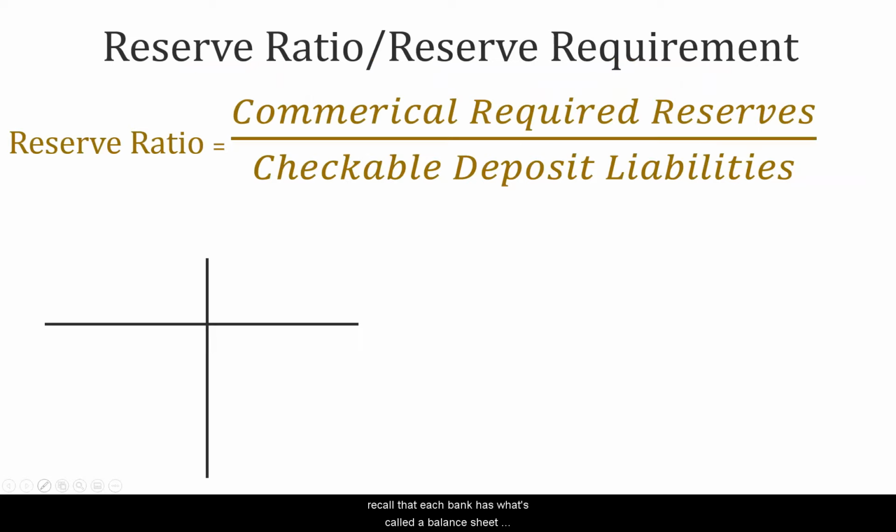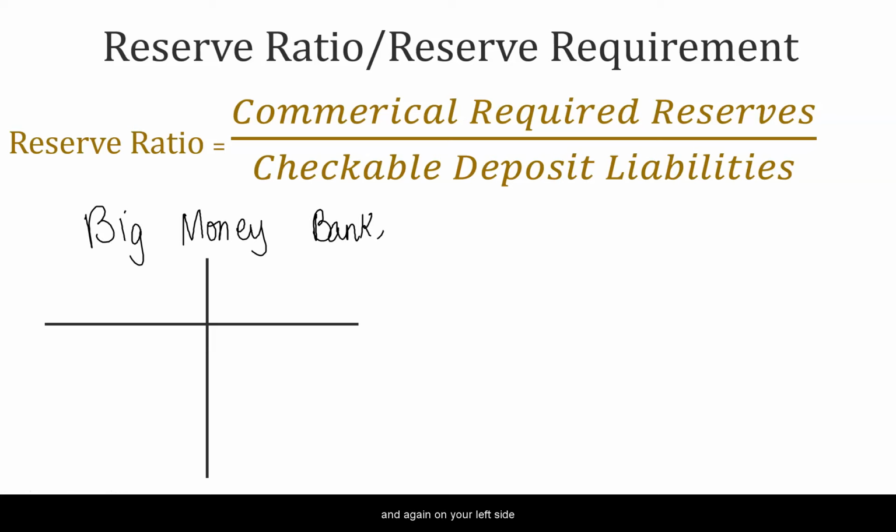So again, recall that each bank has what's called a balance sheet or a T-chart. And the reserve ratio formula is the commercial required reserves divided by the checkable deposit liabilities. So once again, let's look at Big Money Bank. And again, on your left side, you have assets.